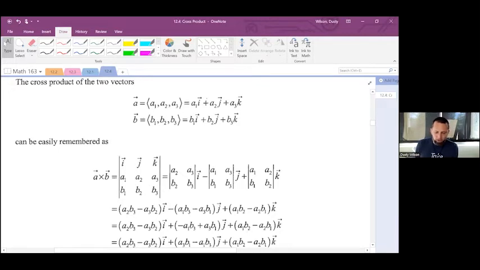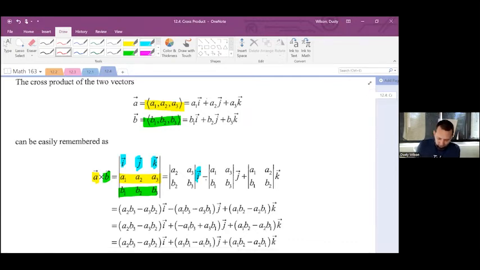I could write A cross B equals, and then notice I'm going to take all of those A entries and put them in line 2 of the determinant, all the B entries and put them in line 3 of the determinant, and then in line 1 I'm going to put i, j, and k. So when I calculate this 3 by 3 determinant, notice I'm going to get an i tied to the first 2 by 2 determinant.